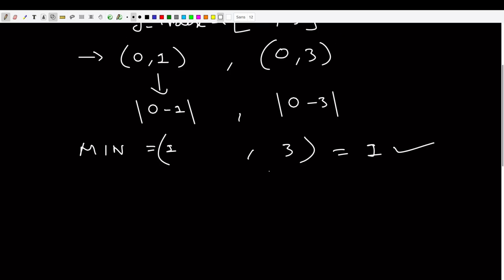So the first thing we are going to do is look at the brute force solution of this problem.